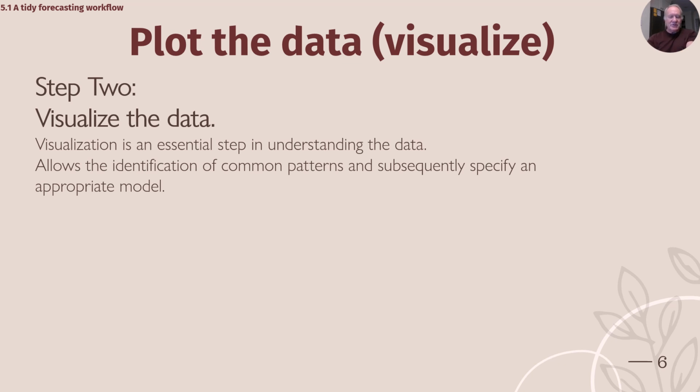Step two is to visualize the data. Visualizing is a really important step, as we've been saying ever since you became data science students. And it allows the identification of some common patterns and will help you choose the appropriate model.